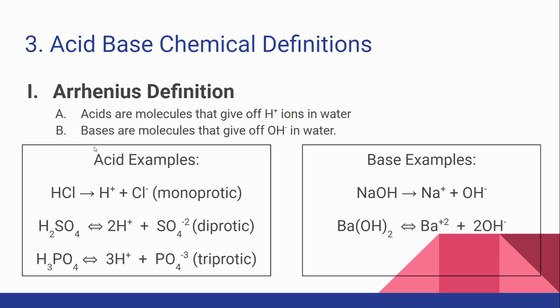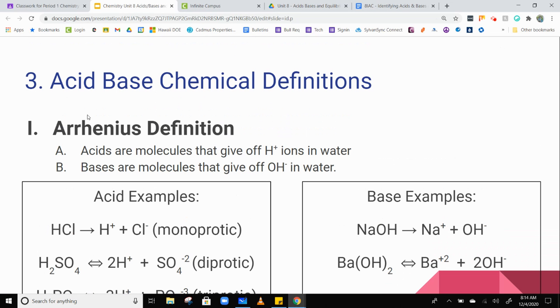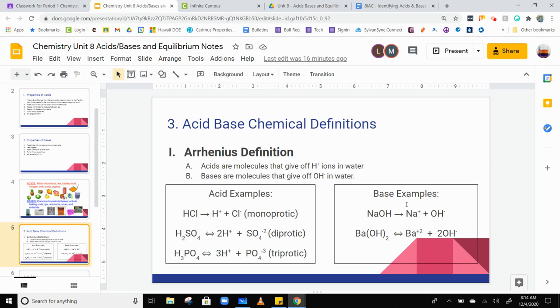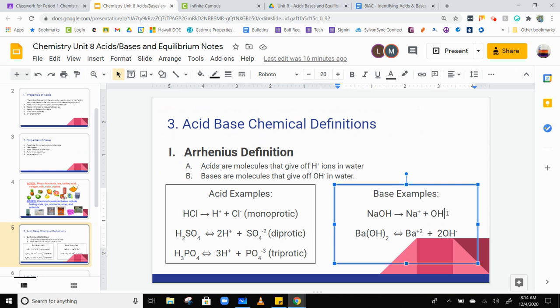We don't use mono and di for this really. I mean, actually we can, but I'm going to change it because we actually do say this. We say monobasic. And what do you think we say for this one?